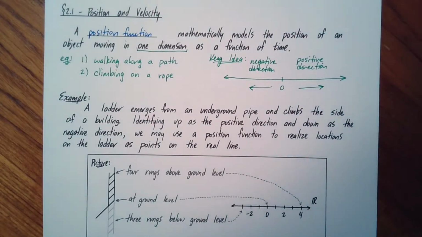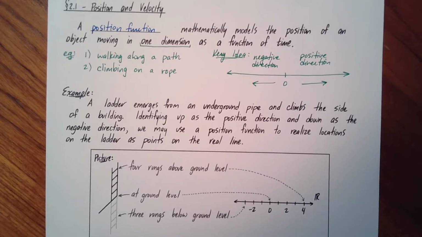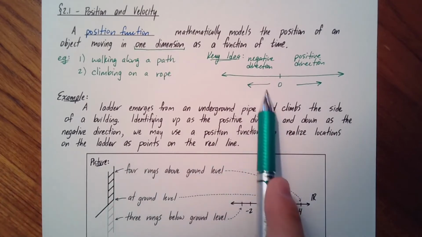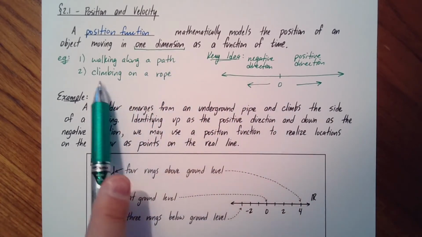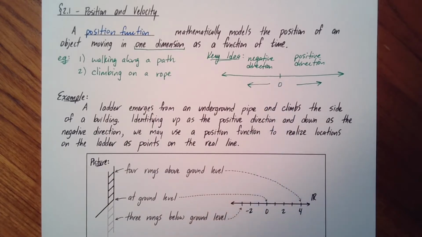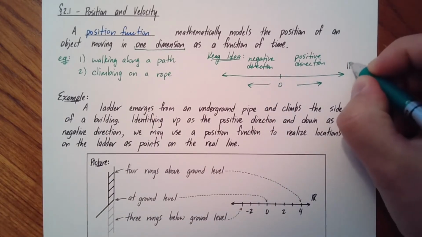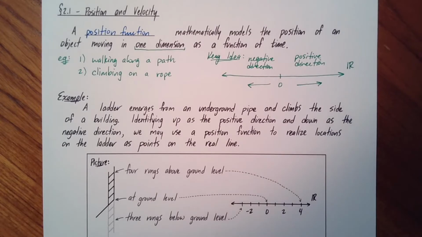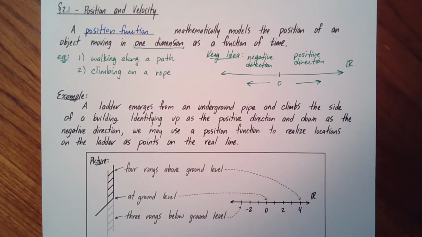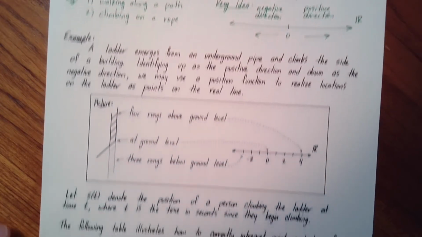Okay, and the idea is when your motion is in one dimension, you identify the two different directions that you have available to you with different halves of the real line, and usually you'll identify a particular point on the path or a particular point on the rope with the number 0 on the real line. Okay, and how you do that exactly is usually left up to you in the specific situation. You have some flexibility. But usually there's a natural choice, as we'll see in the next example.